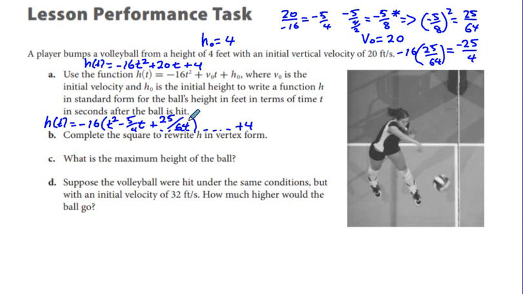So by putting 25/64 on the inside, we are subtracting 25/4, meaning that we have to add 25/4 on the outside to compensate.